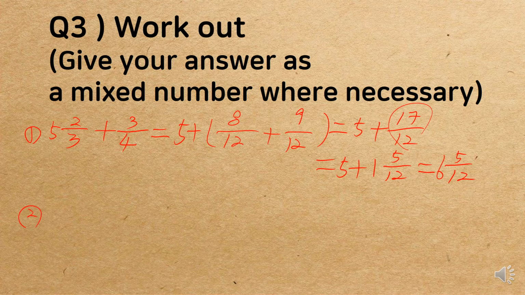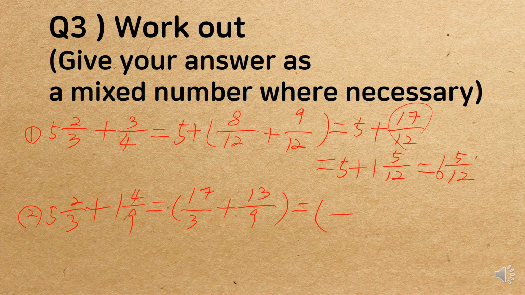Number 2. 5 and 2/3 plus 1 and 4/9 equals, we can make them improper fractions. So 17/3 plus 13/9.